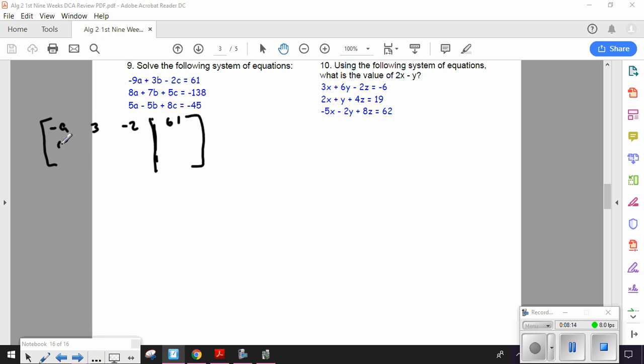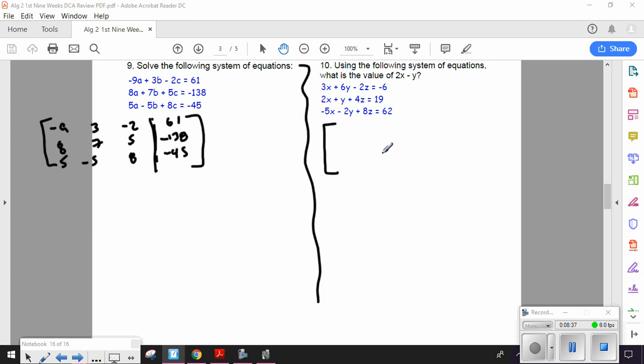Second row is 8, 7, 5, and negative 138. And last row is 5, negative 5, 8, negative 45. Let's do number 10's augmented matrix at the same time, so that way I can pick up the calculator and do it once.